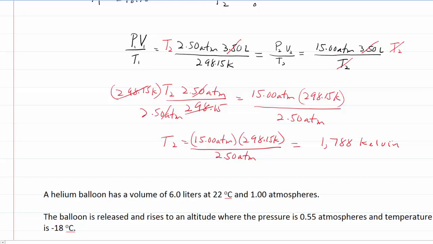And so to convert that to Celsius, I'm going to subtract 273. We can disregard our 0.15 there, and we get 1,515 degrees C.